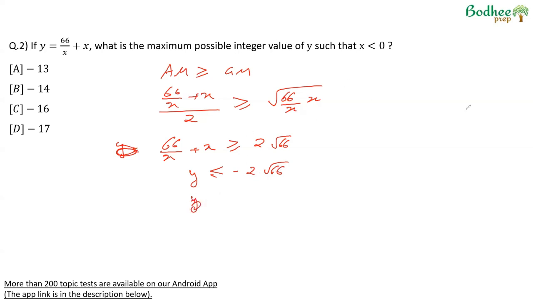If y is an integer, root 66 will be something about 8 point something. And therefore, the maximum value of y will be minus 2 into 8 point something.